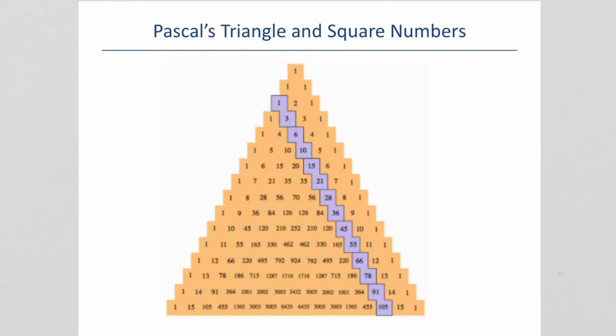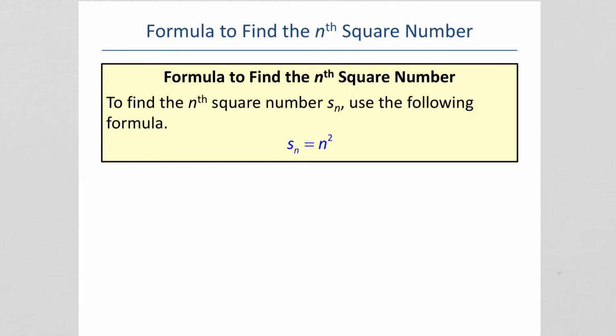Well, here's how they go. 4, 16, 25. I think I got ahead of myself. Okay, 4, 9, 16, 25, 36. It keeps going from there. The formula to find the nth square number is just n squared.